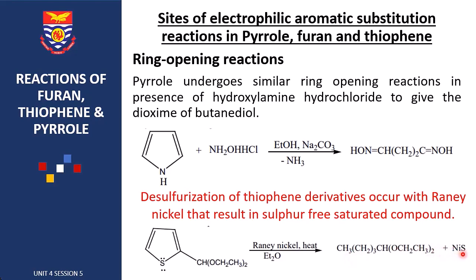So the sulfur cleaves away and binds with the catalyst, leaving the straight chain product without the sulfur. However, in the ring opening reaction of pyrrole, we realize that the nitrogen is still attached to a carbon in the open ring, and the same thing was also observed in the ring opening reaction of furan, right? So the exception is with thiophene in its reduction process, and then of course in its ring opening reaction process.